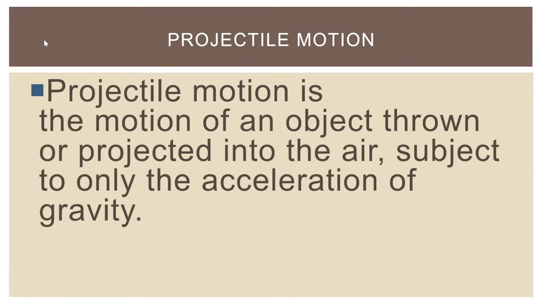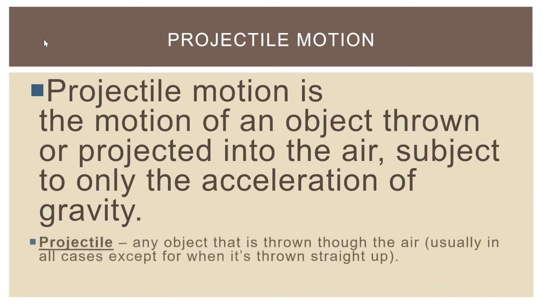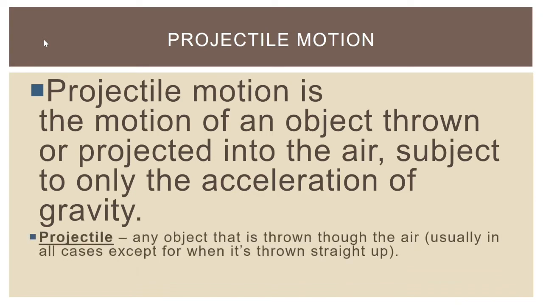The only difference is that instead of the object just being dropped or thrown straight up, the object is going to be thrown. When we say the word projectile, this really refers to any object that is thrown through the air.